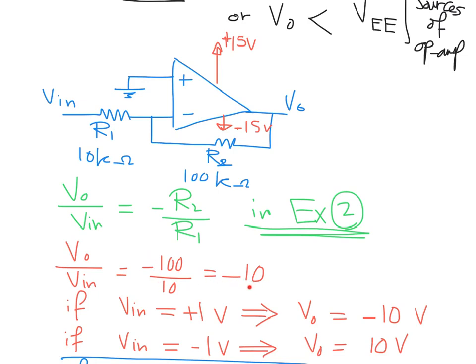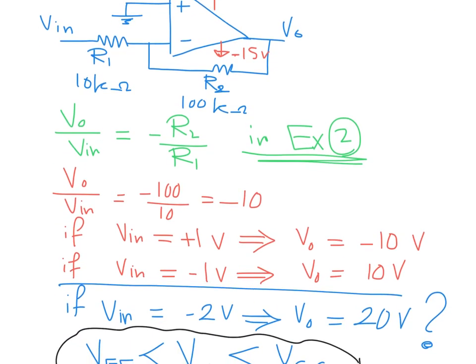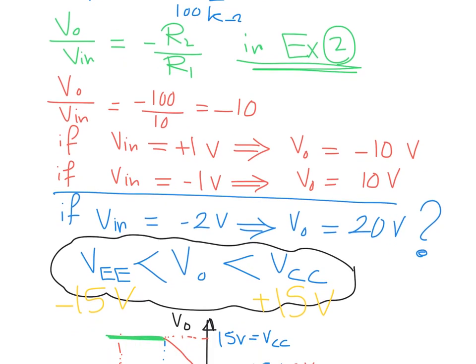So we have an amplification factor VO over Vn. The gain here is minus 10. It means if we have an input voltage of 1 volt, the output voltage will be minus 10 volt. If you have Vn equal to minus 1 volt, the output voltage VO will be 10 volt. So what happens if we have an input voltage right now of minus 2 volt?